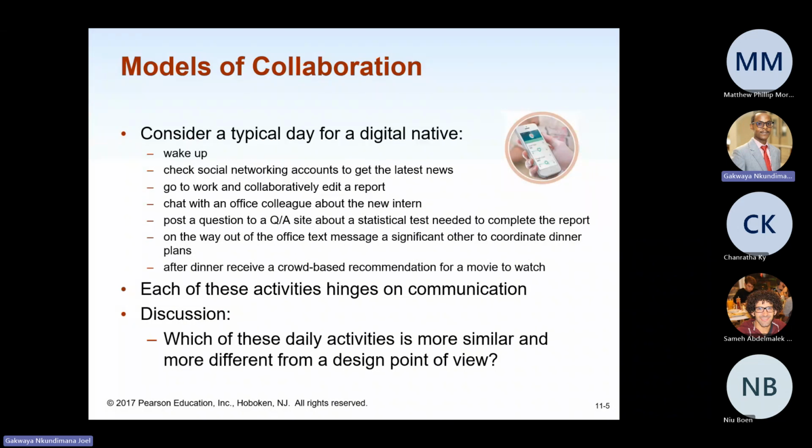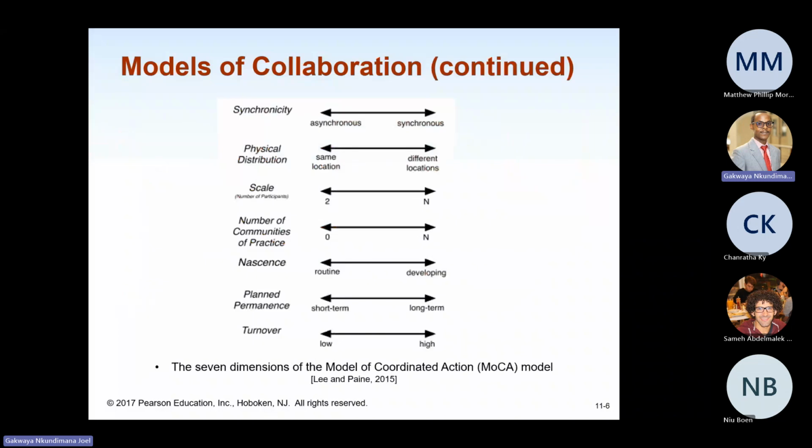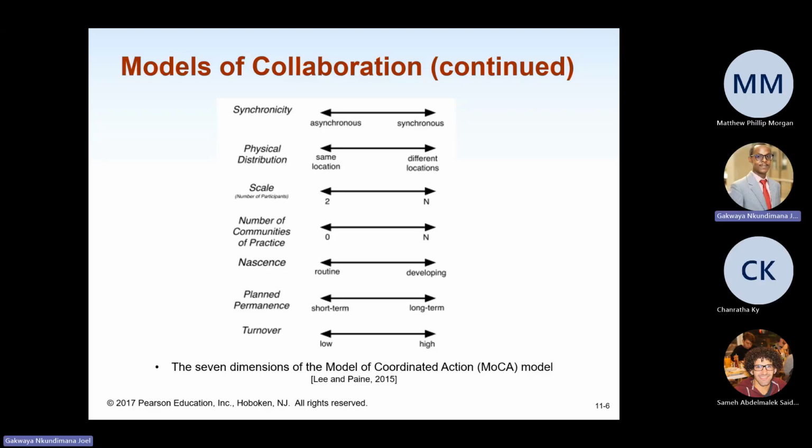So we found the models of collaboration: synchronicity, physical distribution, scale, number of communities, and nascence, planned turnover. These are the models which we discussed in our previous class.